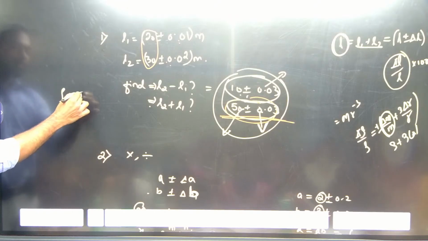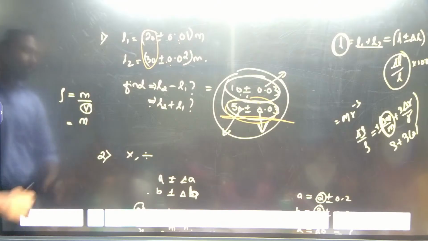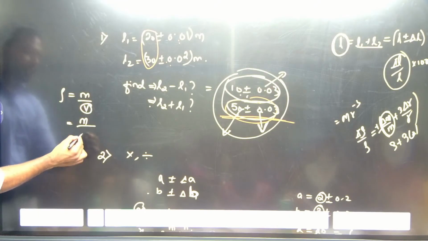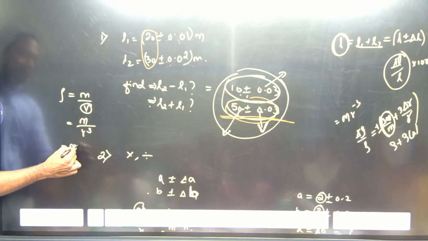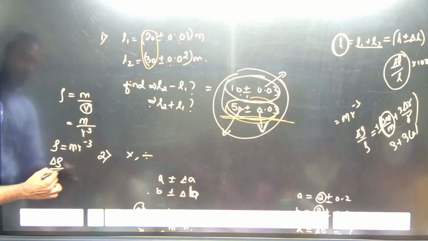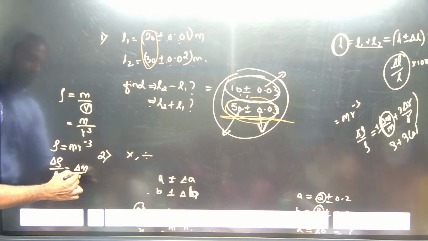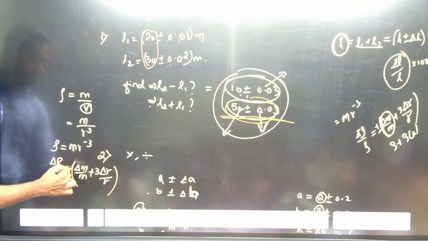Density is nothing but mass by volume, like the volume of the sphere is 4 by 3 pi r cube, so it's r cube we will take, and m r power minus 3 is the density. Delta rho by rho will be equal to delta m by m plus 3 times delta r by r, plus or minus.